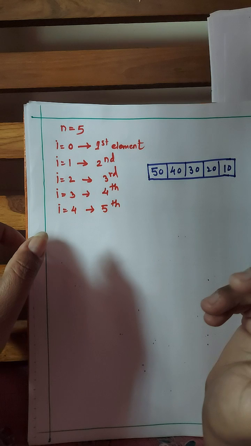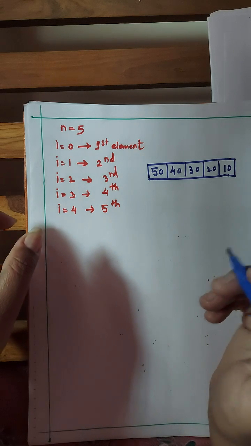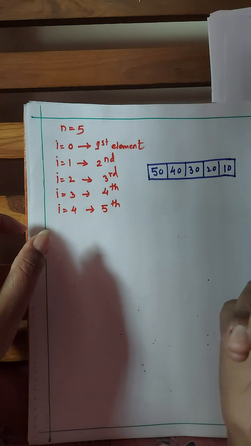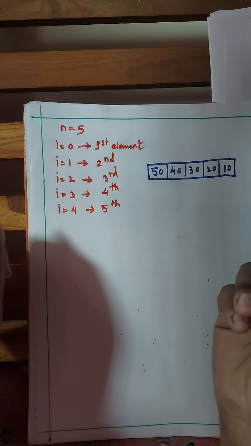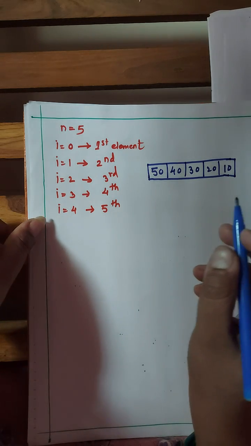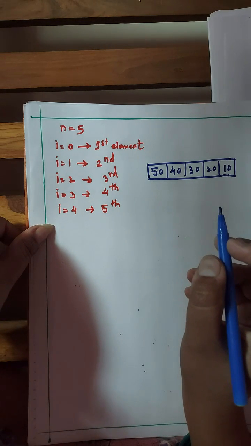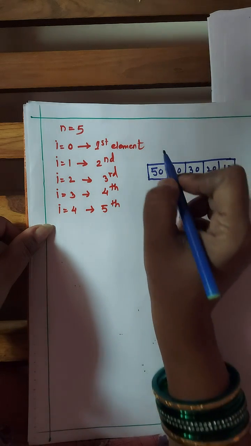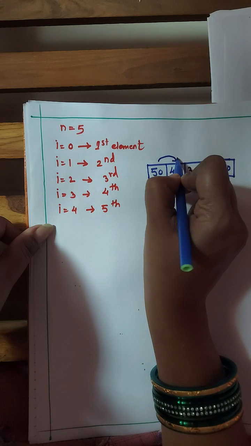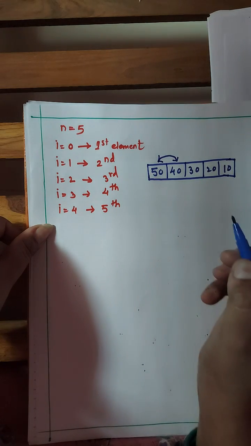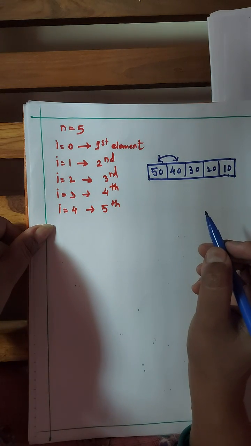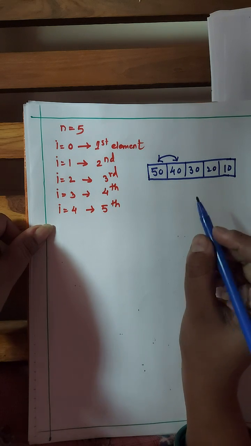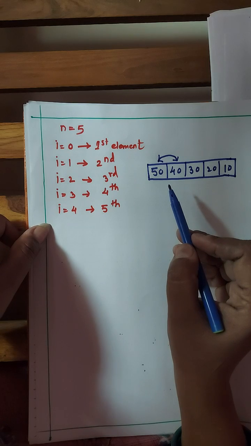While sorting the array, we require a loop. In bubble sort, each pair of adjacent elements is compared with each other and the elements are swapped if they are not in order.